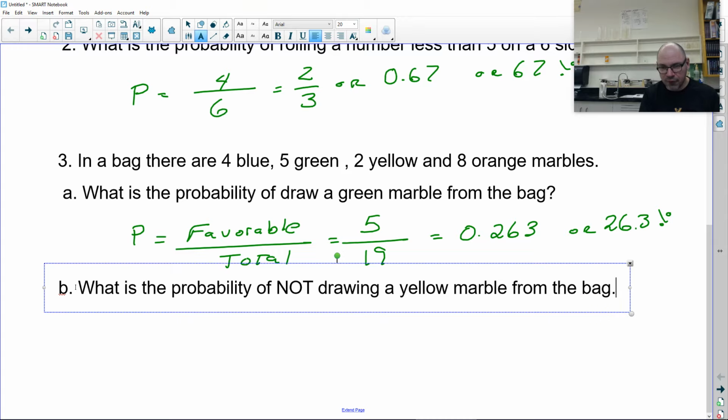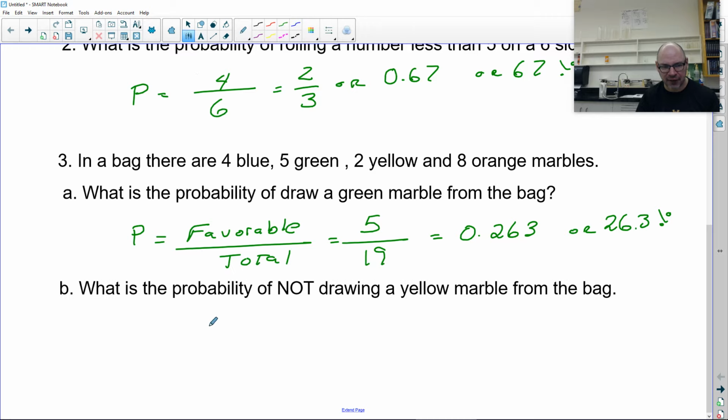Okay, so sometimes in later years we call this a complementary event, but at this particular time we're just going to do the calculation for it. So the calculation is going to be, probability is going to be favorable over total. Now the favorable ones are anything that's not yellow. Anything that's not yellow. 9 and 8, that's 17.